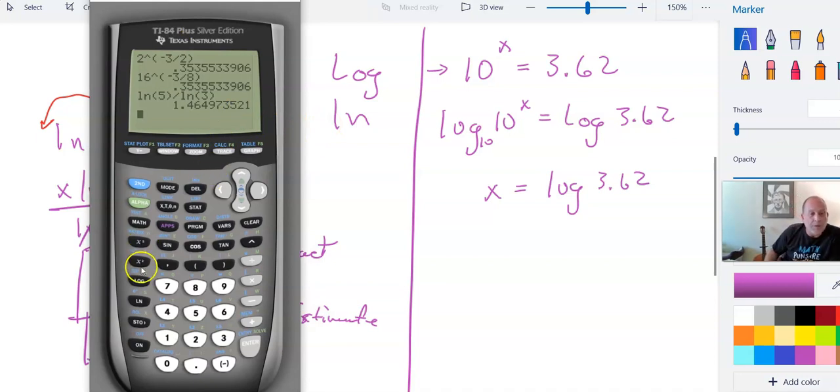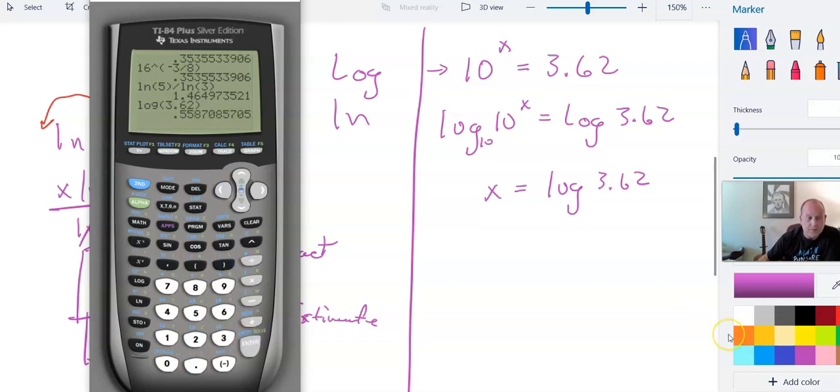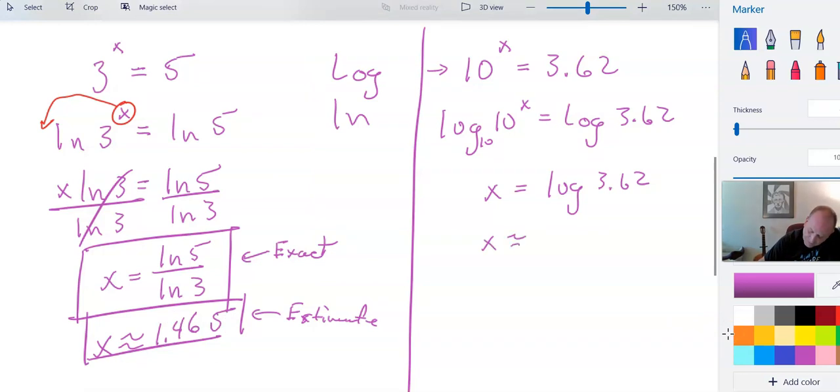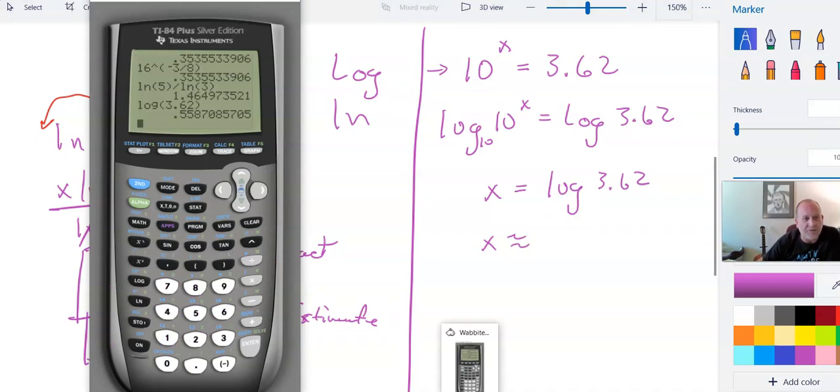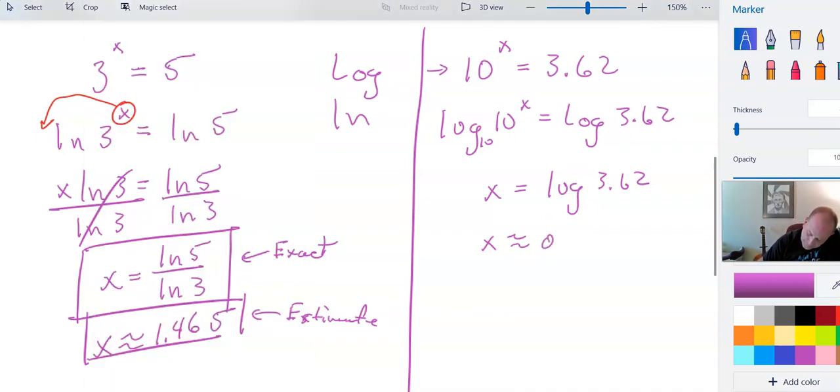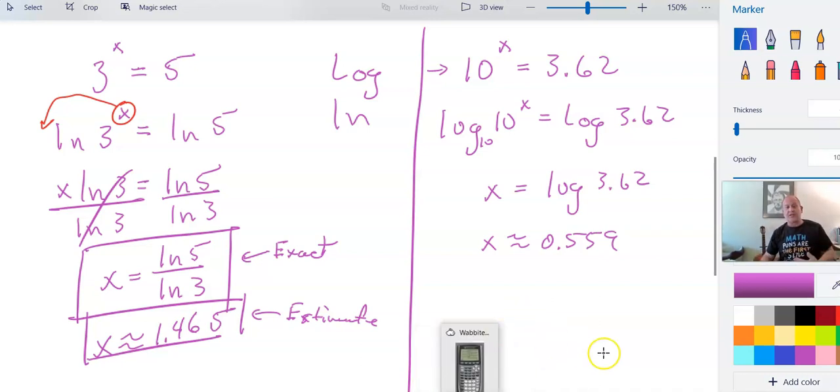So we use log, 3.62, and close the parentheses. Boom. If we want an estimate, x is approximately 0.559 if we round to 3 decimal places. If we round to 2, it'd be 0.56. Okay, so that's using logs on both sides of an equation to solve the equation.